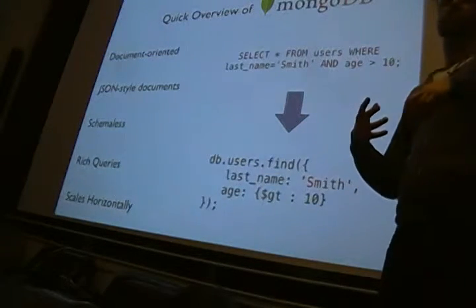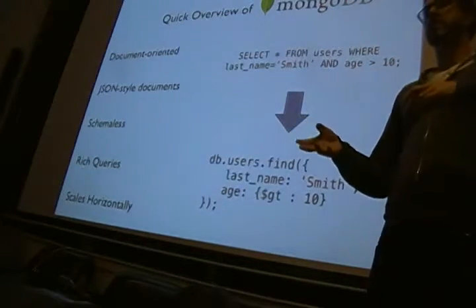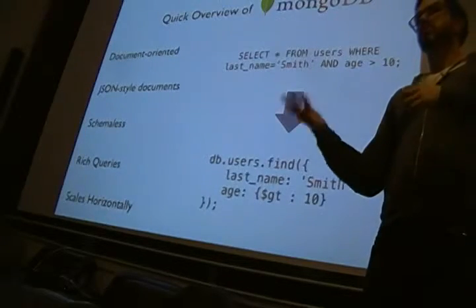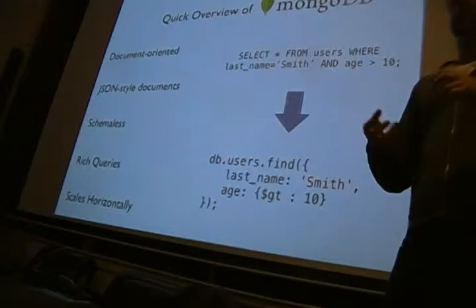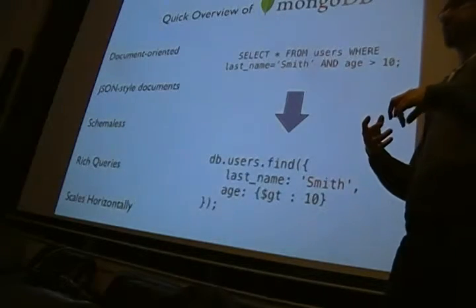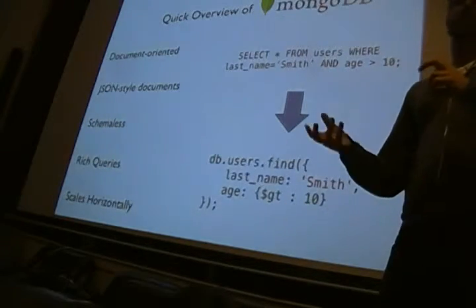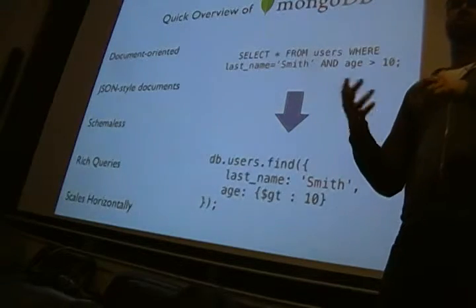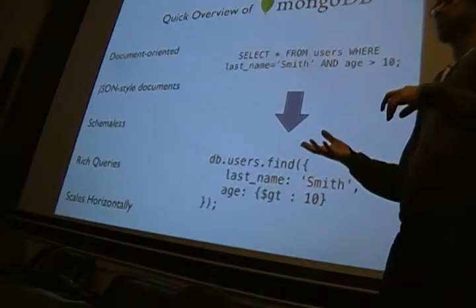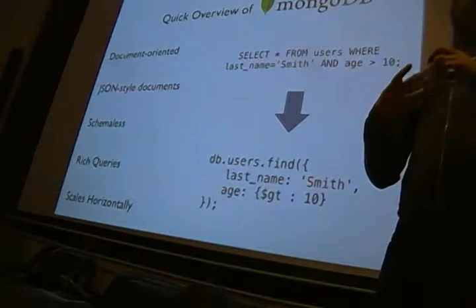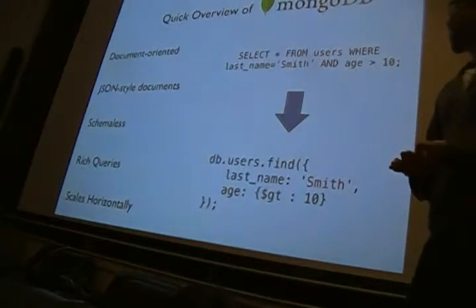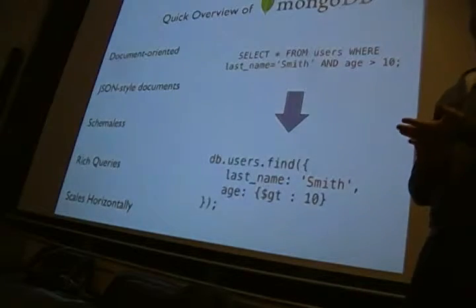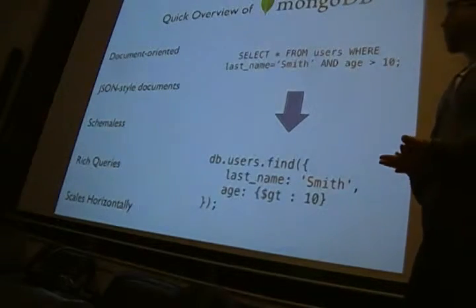You might have one user document that has an age field, and another user that doesn't have the field at all. You might have a location field that contains a nested object with a city and a state, or it could just be a string. There's no restriction that tells you that you have to have the same data type across the entire table for one field. That's what we mean when we say schemaless.